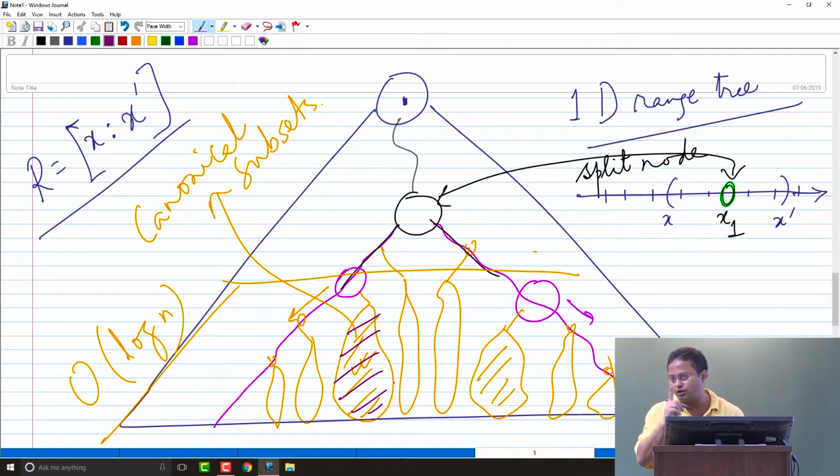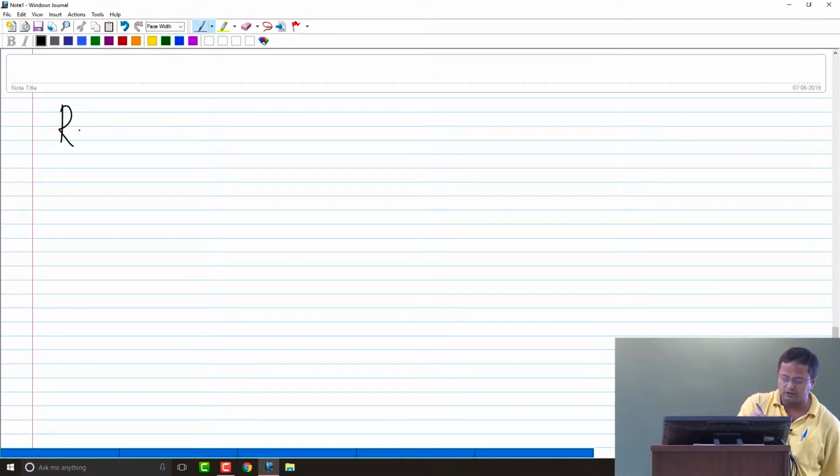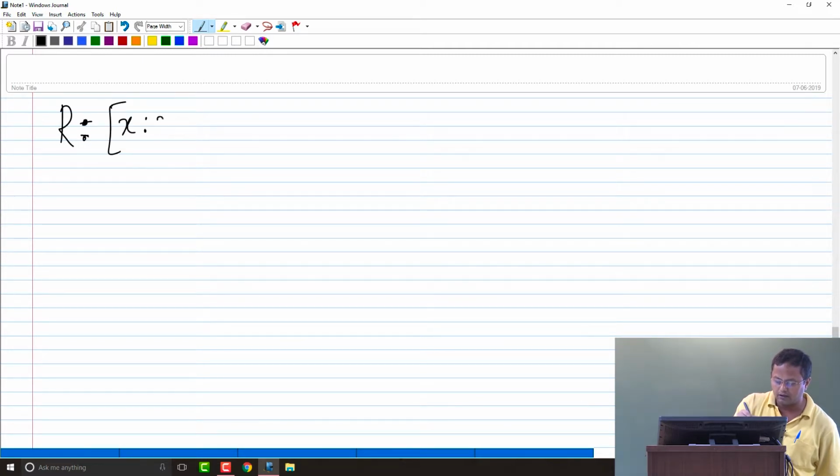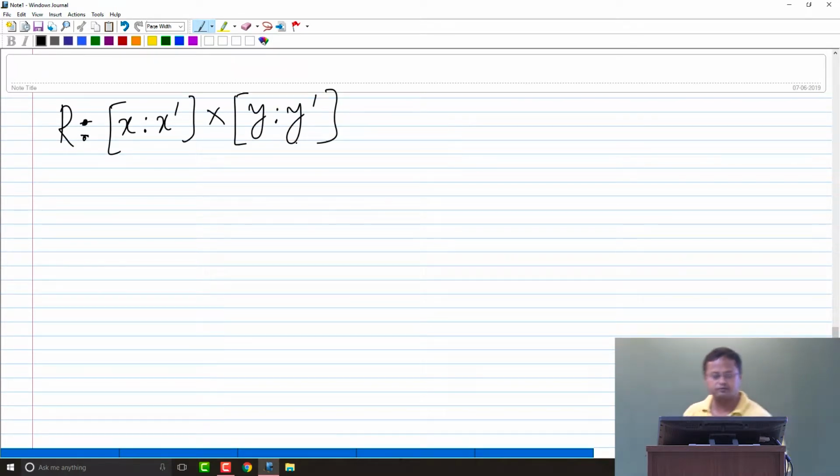I am sure that their x coordinates all lie within the range within which I am querying. No? What is a 2-dimensional query? A 2-dimensional query is something like this.